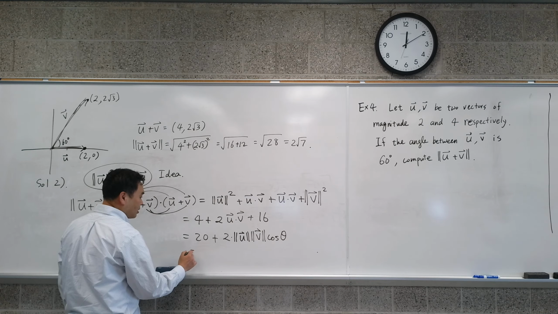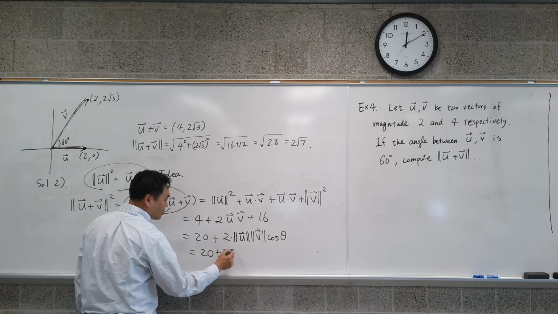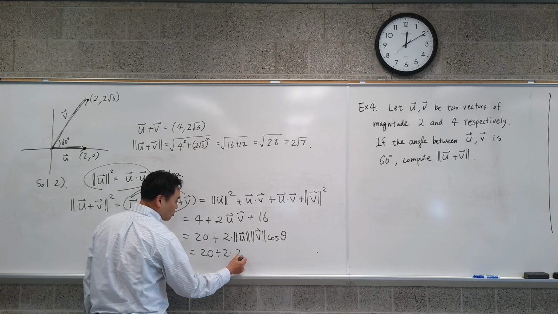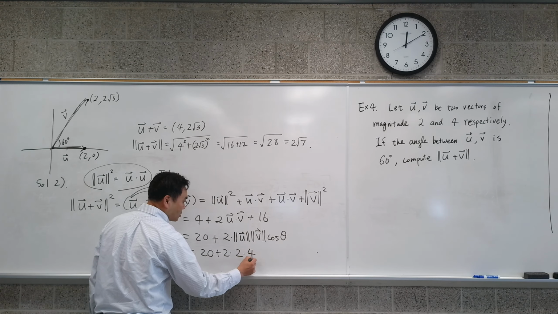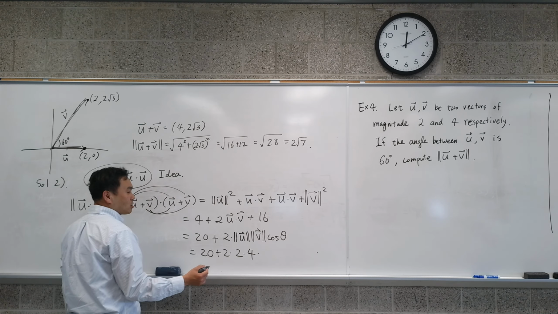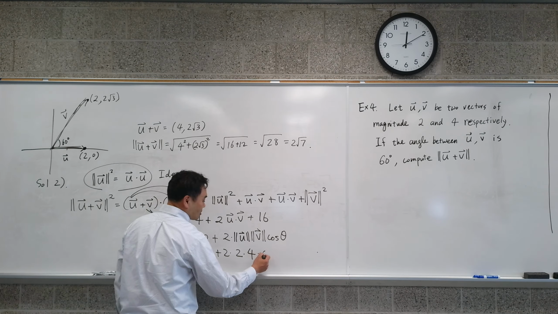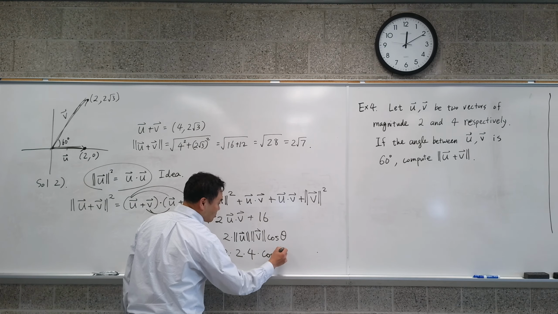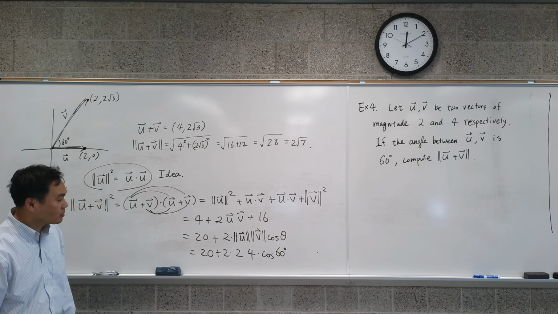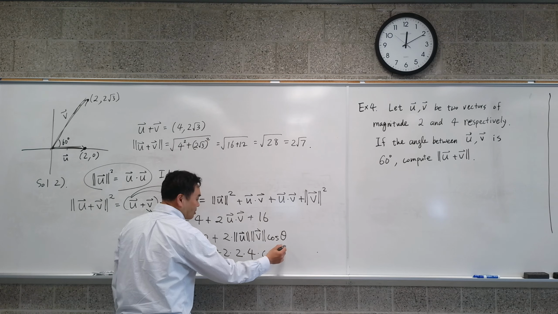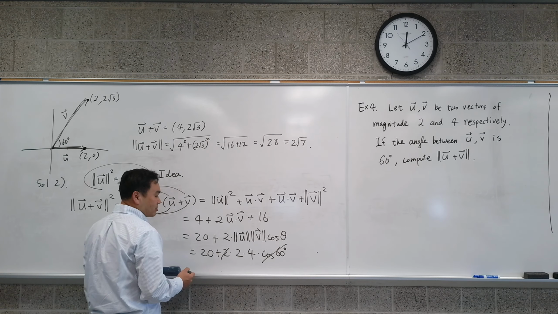Oh, and we know all the values, right? Norm of u is 2, norm of v is 4, cosine, we have 60 degrees to be the angle between the two. And because cosine 60 degrees is 1/2, these two cancel.